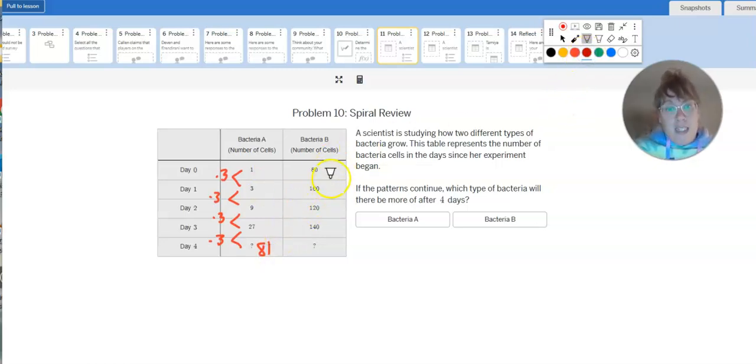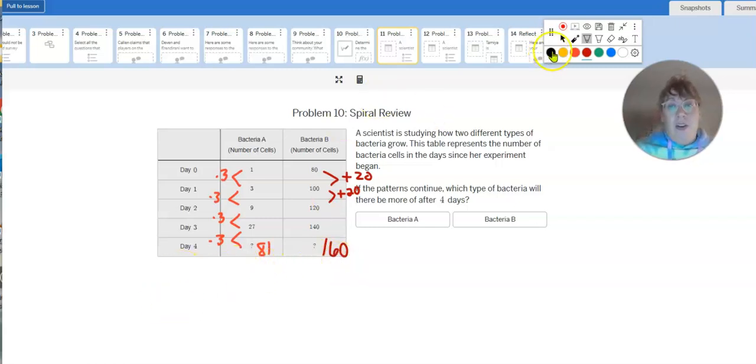And if we look at the right side, 80 to 100, we're adding 20 each time. So this is an arithmetic sequence. So here we would be at 160. So we can see how much is there after 4 days.